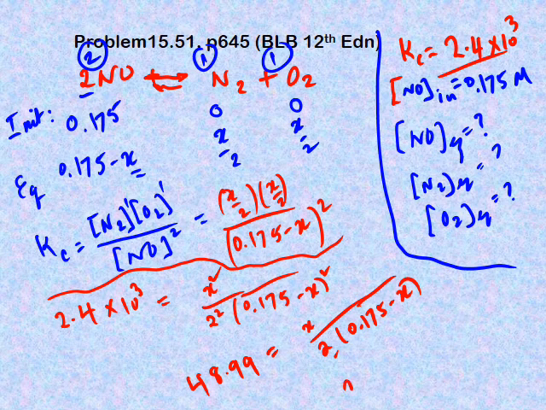I would like you to do it in detail so that you double check my calculation. So what I get is the following: 17.15 on the top, make sure you double check that, divided by 98.98, and that gives me 0.173.